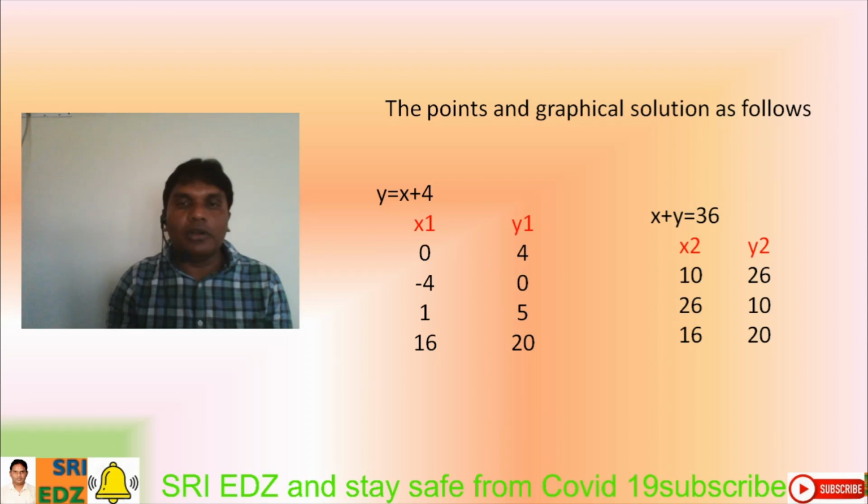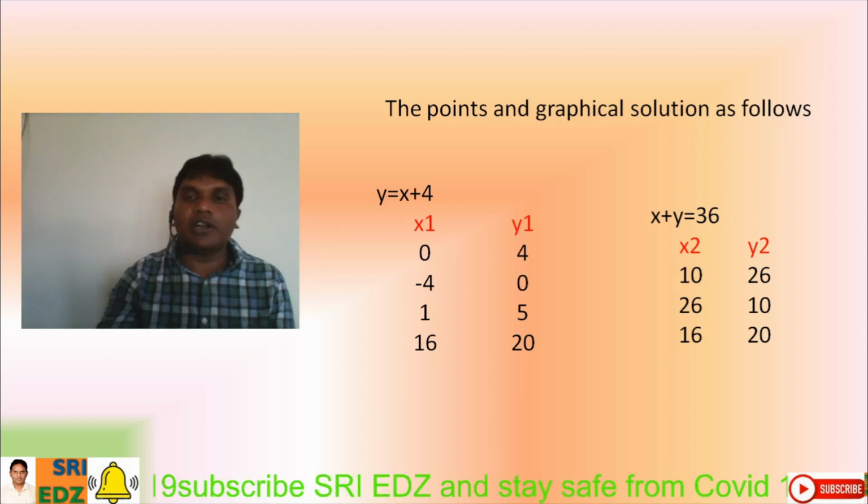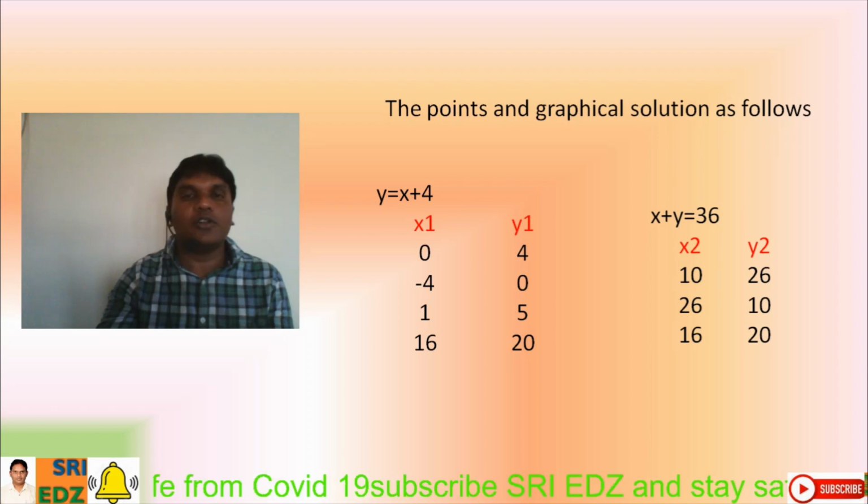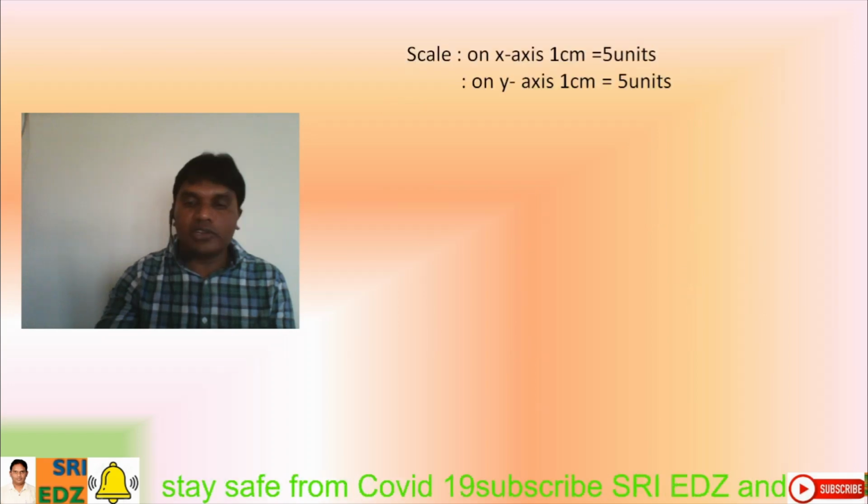In the second equation, x plus y equal to 36, I assumed x is equal to 10, 26, 16, then y is generated as 26, 10, 20. Then the graph of the equations is as follows. The blue line indicates y is equal to x plus 4, and the red line indicates x plus y is equal to 36. They intersect at one point, that is (16, 20).